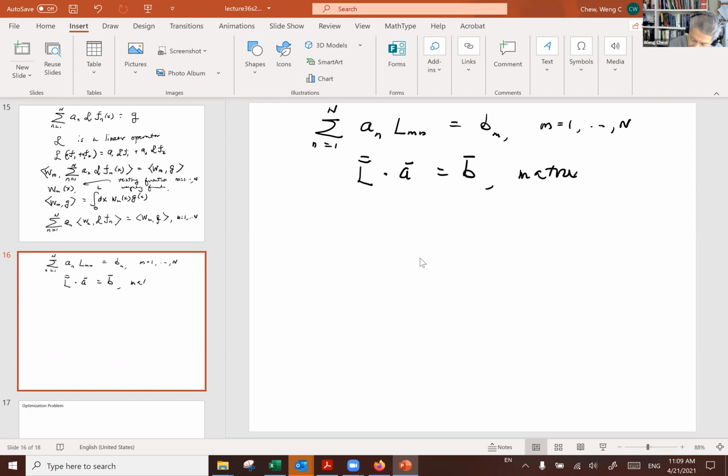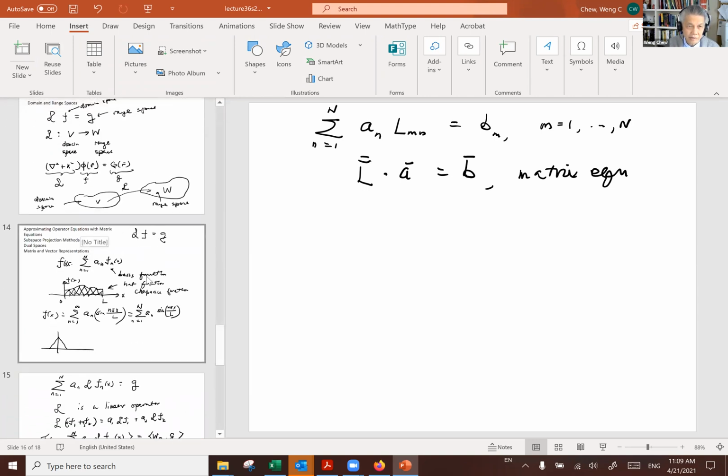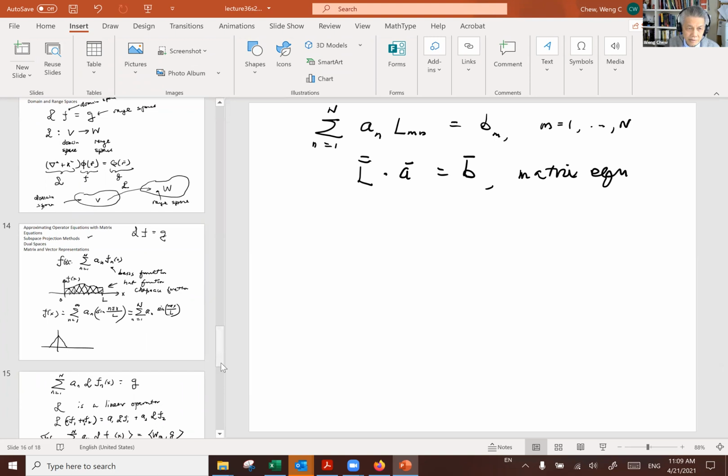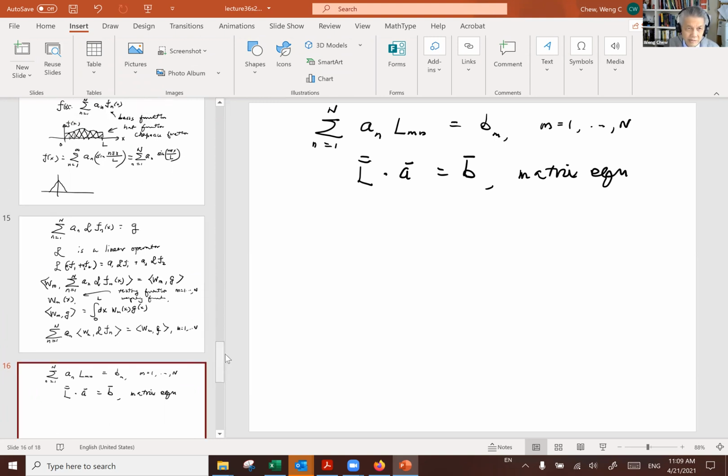Voila. I have successfully converted an abstract linear operator equation into a matrix equation. I have illustrated how to do this in one dimension. You can repeat this exercise.